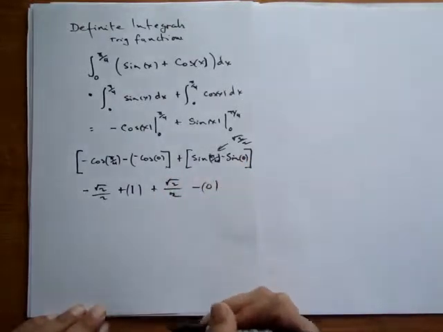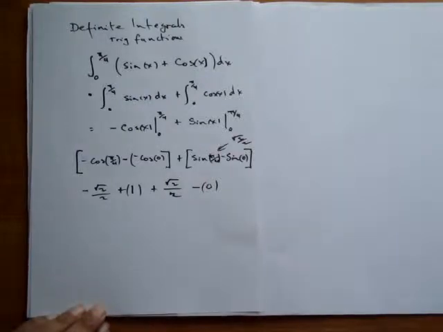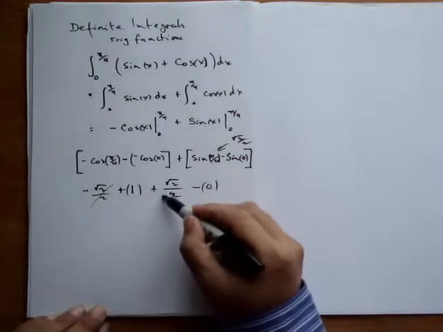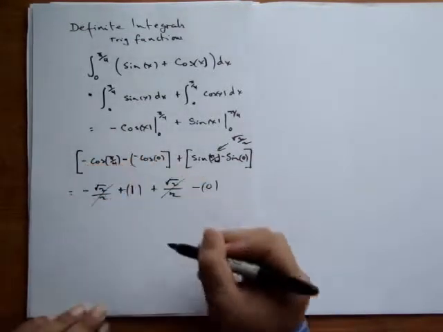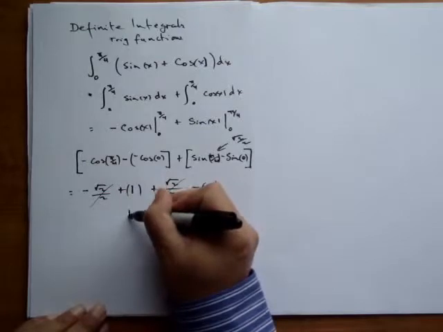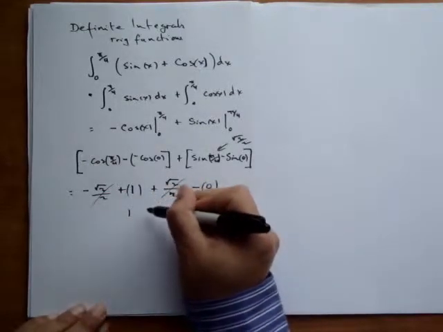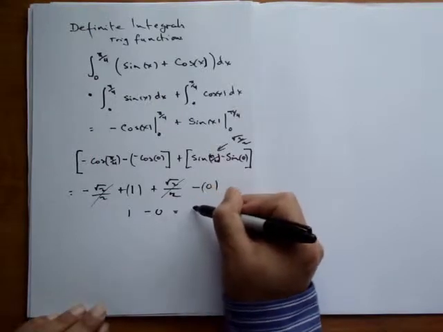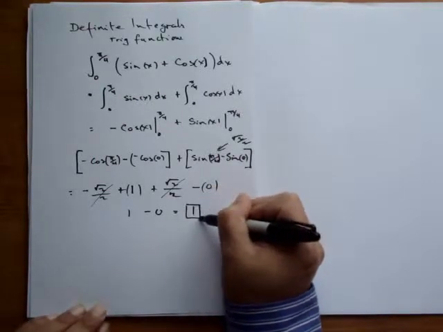So this is nothing but minus square root of 2 plus square root of 2 cancel each other out, and we're left with 1 minus 0 equals 1. And that's our answer.